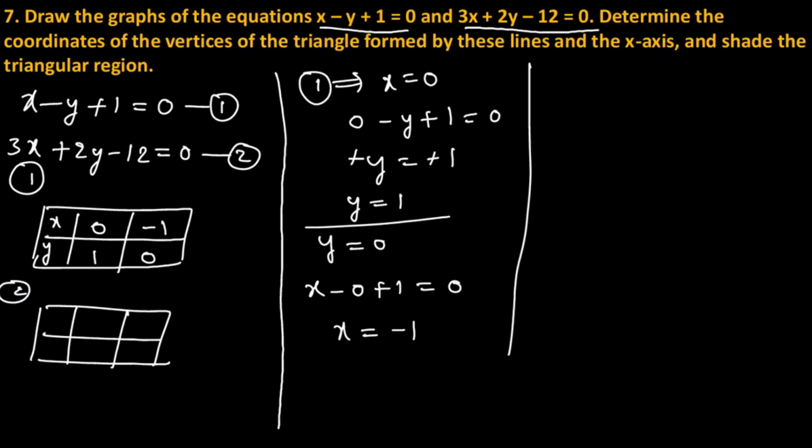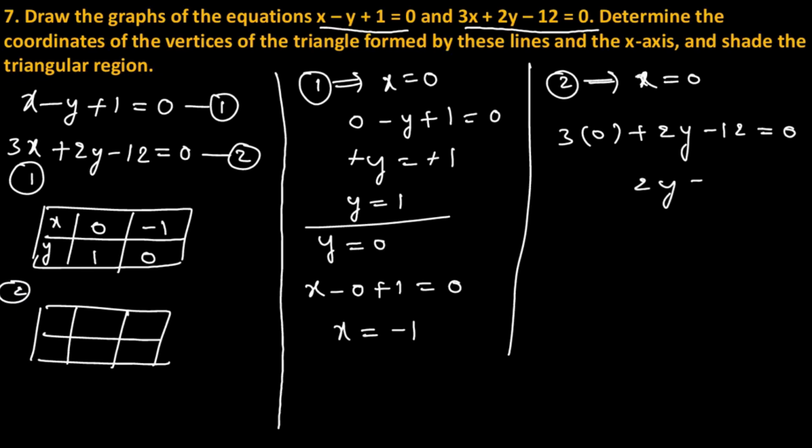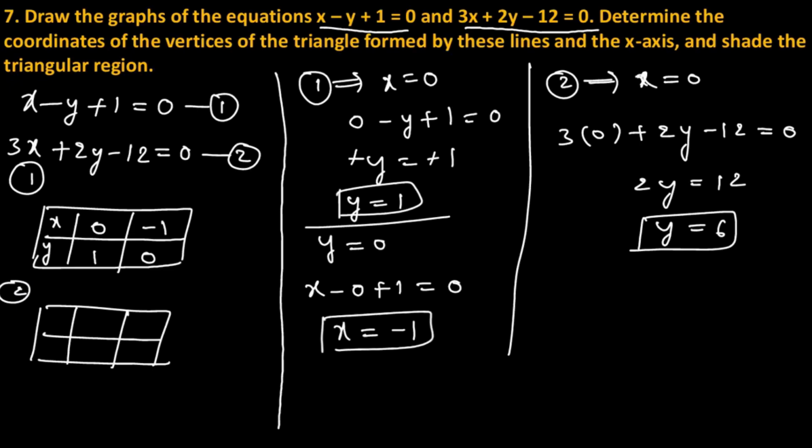For the second equation, if I take x is equal to 0, 3 into 0 plus 2y minus 12 is equal to 0. 2y is equal to 12, y is equal to 12 by 2, 6. When x is equal to 0, y is equal to 6.